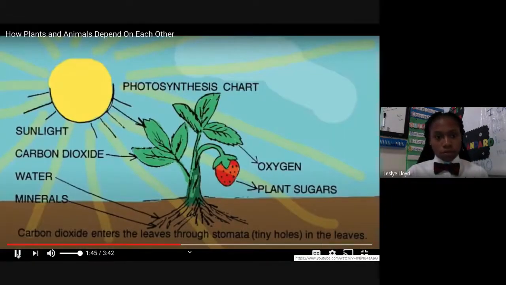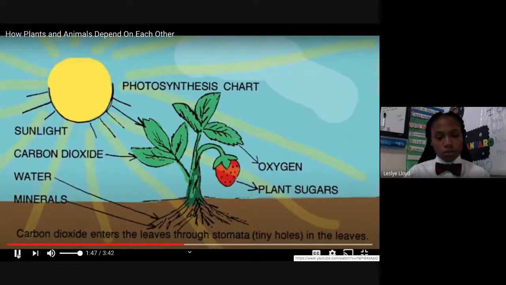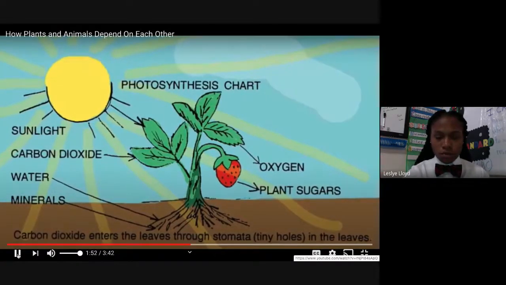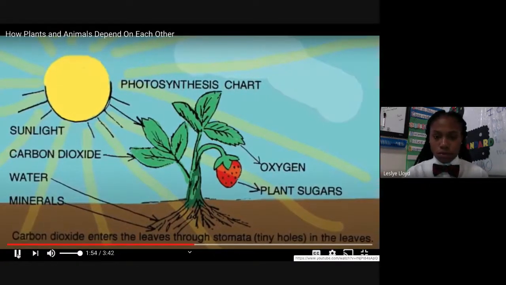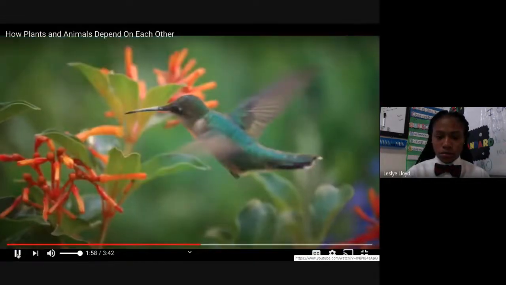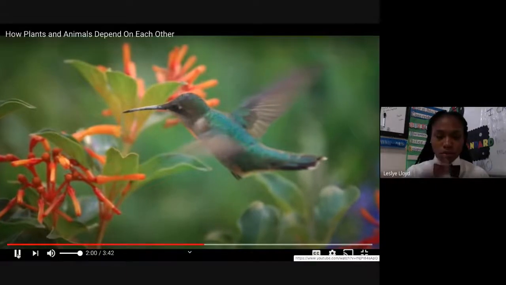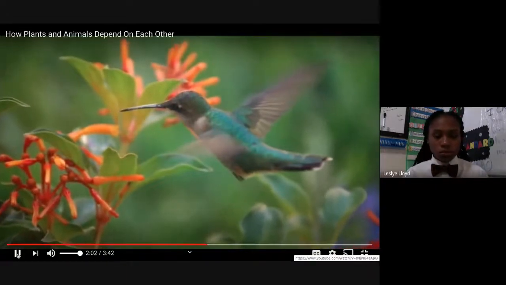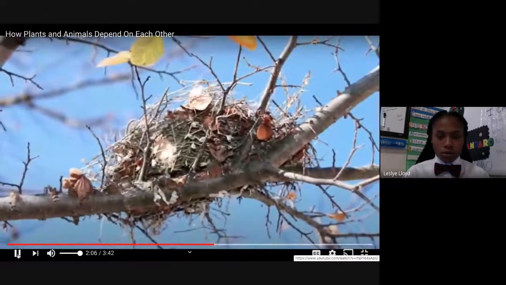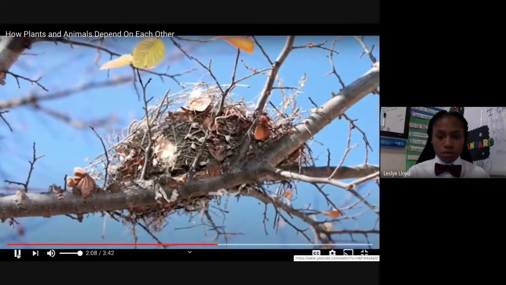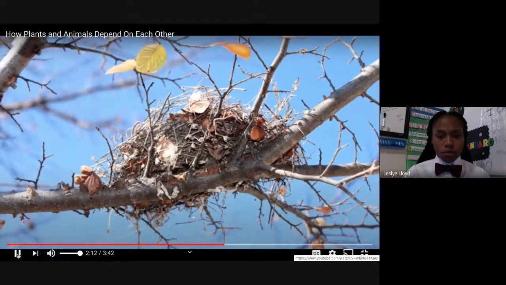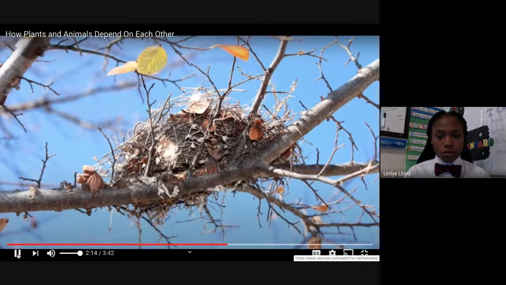During a process called photosynthesis, plants use carbon dioxide from animals and sunlight to create oxygen. This oxygen creates healthier air and water for animals. In return, animals help plants by spreading their seeds and pollinating other plants with these seeds. Another way plants and animals help each other is by providing protection. For example, birds can make nests in tree branches to lay their eggs out of harm's way.